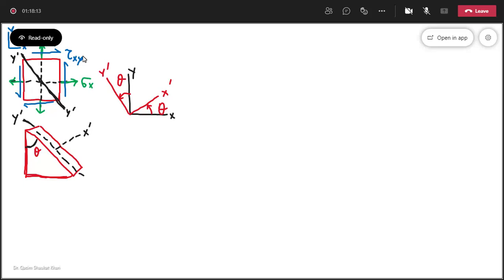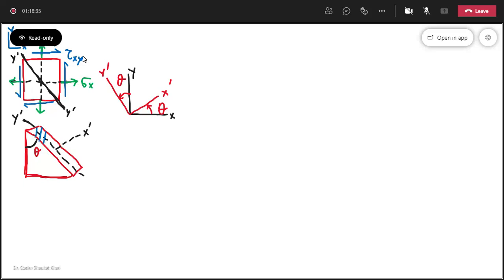This theta and this theta will be the same because the angle between the two axes will remain 90 degrees. Okay, now let's say the area of this face is delta A.